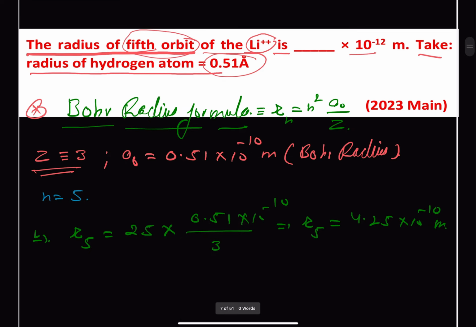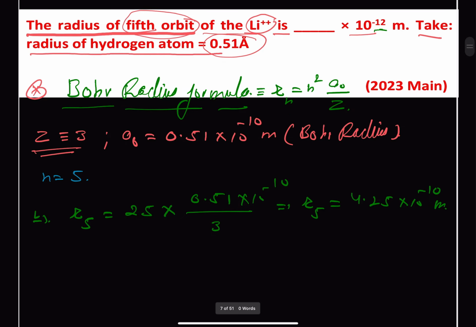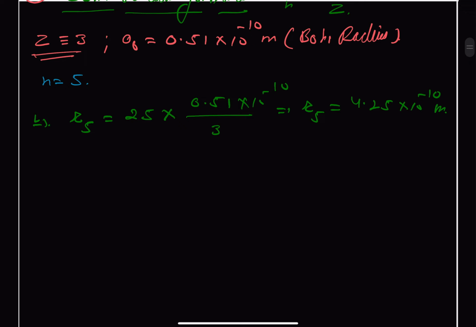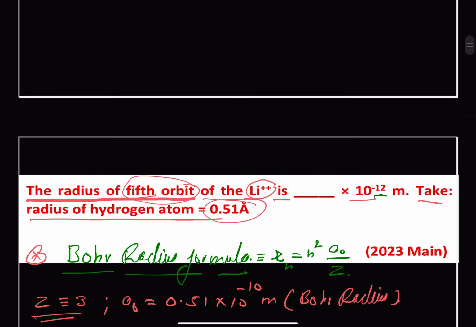Power is given as 10 to the power minus 12, so we can just adjust the decimal, and we get r of 5 equal to 425 into 10 to the power minus 12 meters.